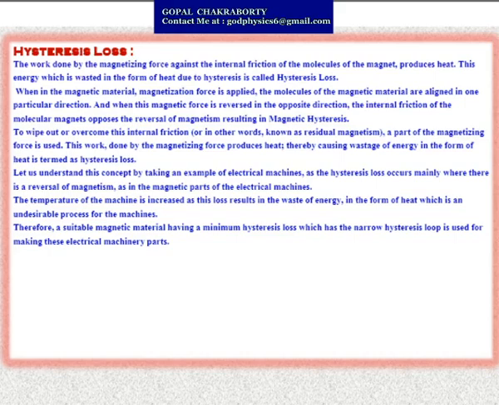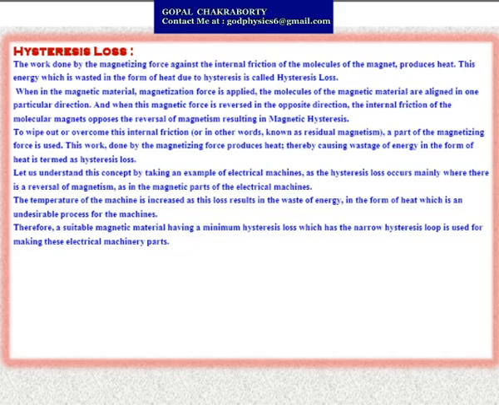When a magnetizing force is applied to a magnetic material, the molecules of the material are aligned in one particular direction, and when this force is reversed, the internal friction of the molecular magnets opposes the reversal of magnetism, resulting in magnetic hysteresis.